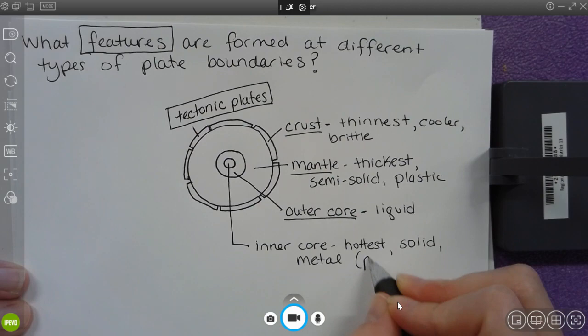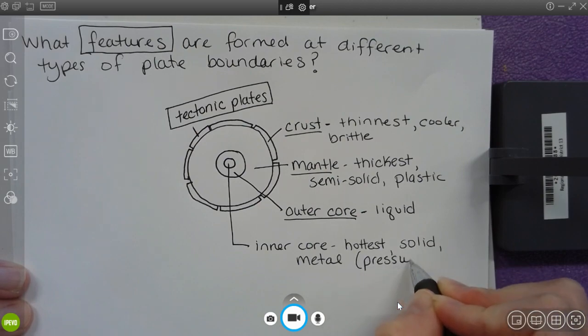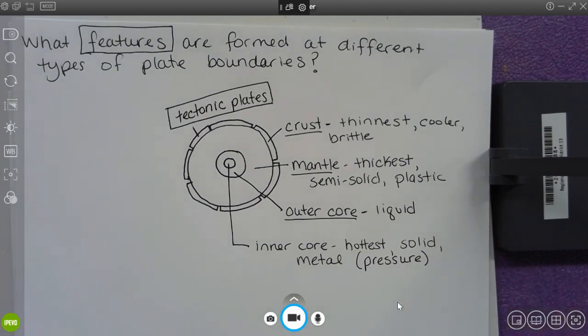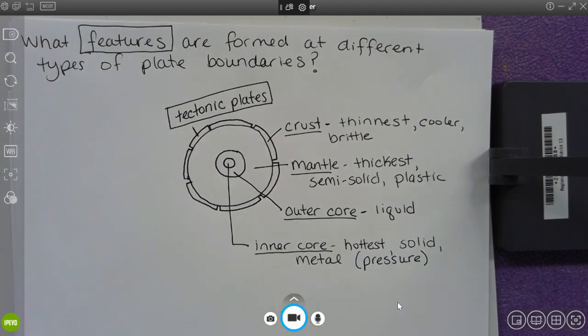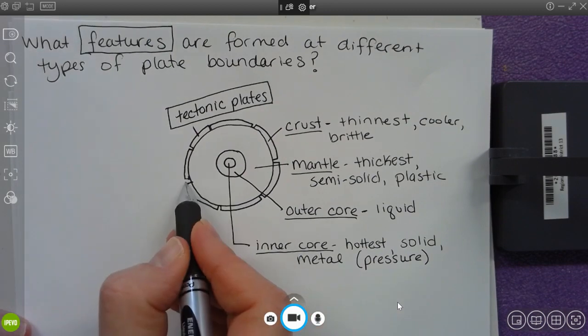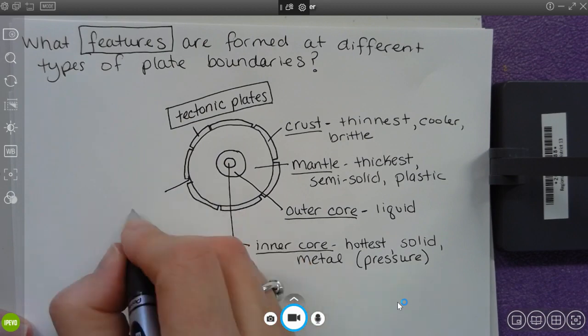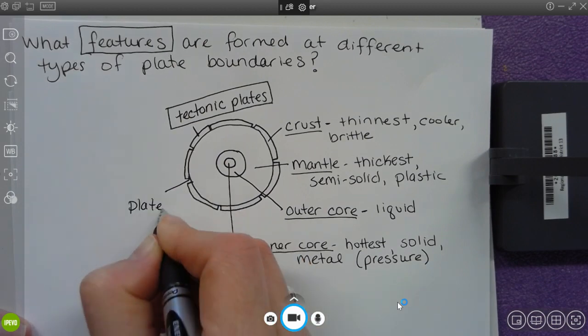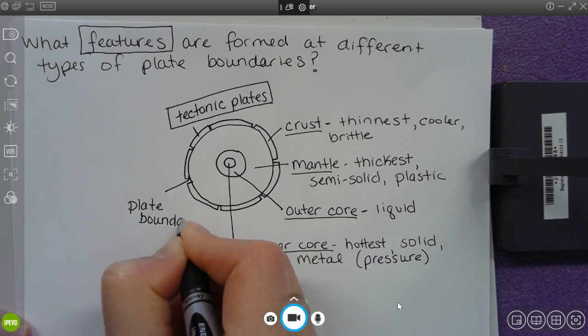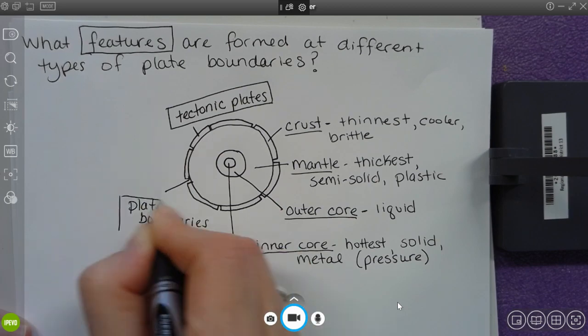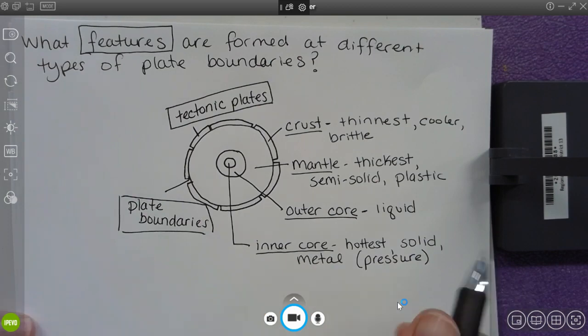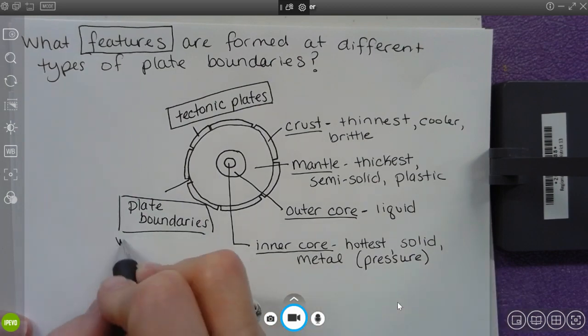This is due to the immense pressure that occurs in the center. Now, the other part of my diagram that I want to label is the part that is in between the plates. And this is the part that is called plate boundaries. Plate boundaries, this is where two plates meet.